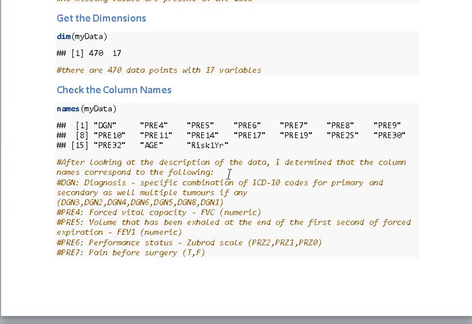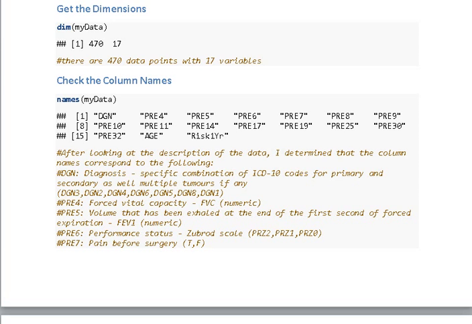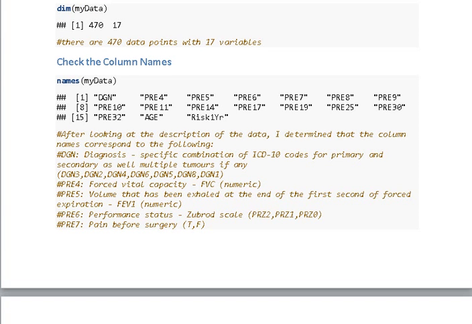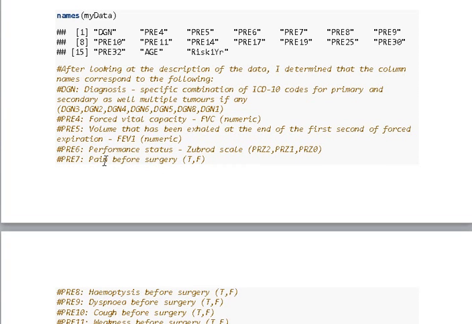They're codes, so I went back to the website just to see what those actually mean. DGN would be the original diagnosis for the patient, and pre-7 is pain before surgery. You can see, in parentheses, the different options for those. Some of them are true or false, and some of them have other values associated with them.